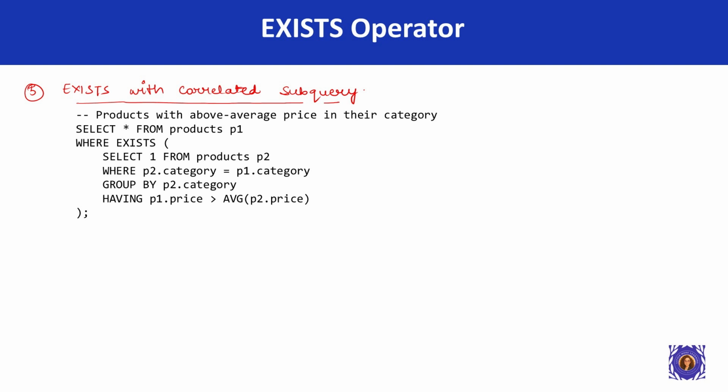The exists operator is particularly effective with correlated subqueries, where the inner query depends on the outer query for each row. To find products with an above-average price within their respective categories, you would use exists with a subquery that calculates the average price for the current product's category and checks if the current product's price is greater than that average.